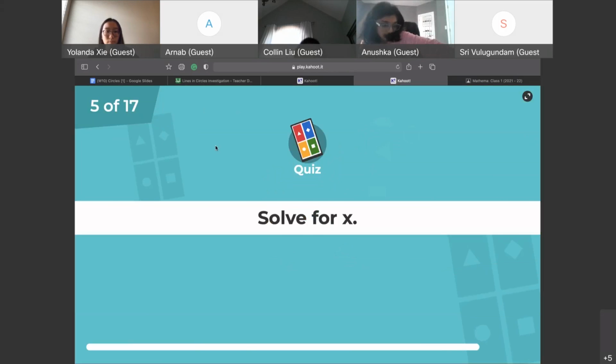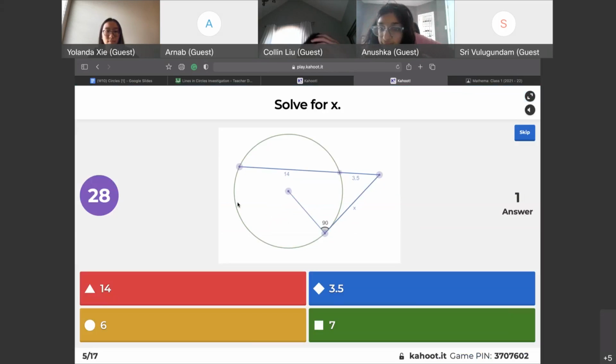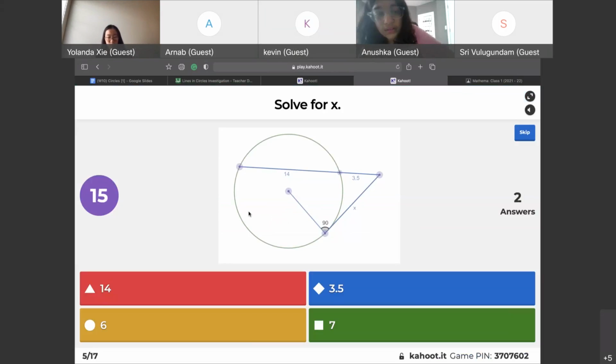Balloons. Colin, is that yours? Okay, solve for X. I got it wrong! Stop speaking dead into the microphone. Nobody wants to hear that.